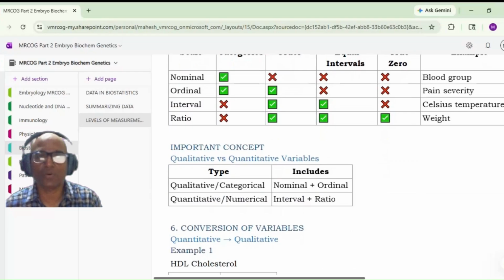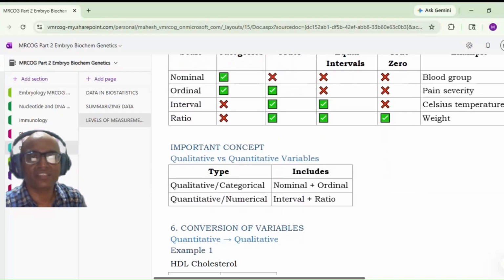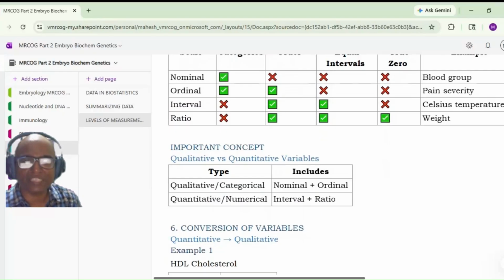Now, an important concept is qualitative versus quantitative variables. We have discussed that the variable may be qualitative or it may be quantitative. So the qualitative or categorical variable includes nominal and ordinal. That is why I said you study these together, nominal and ordinal. This is applicable for qualitative or categorical type of variable.